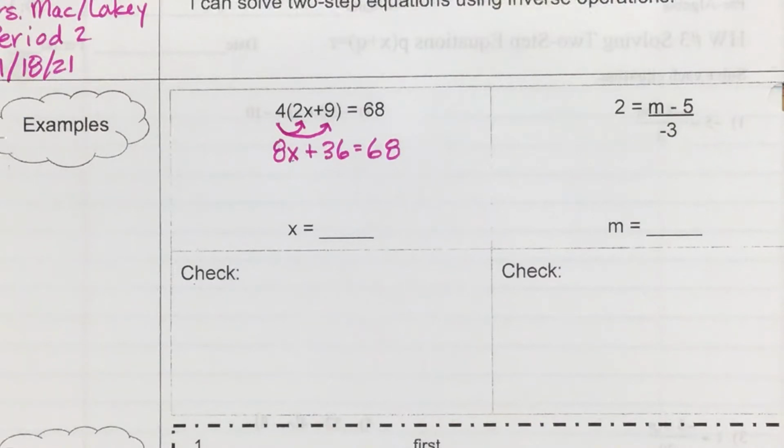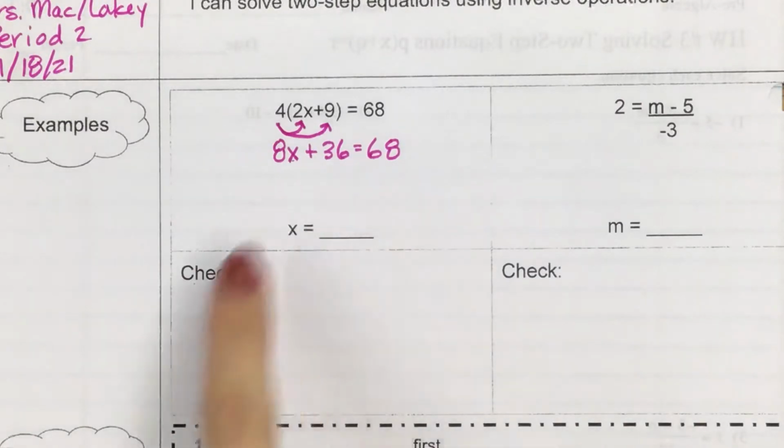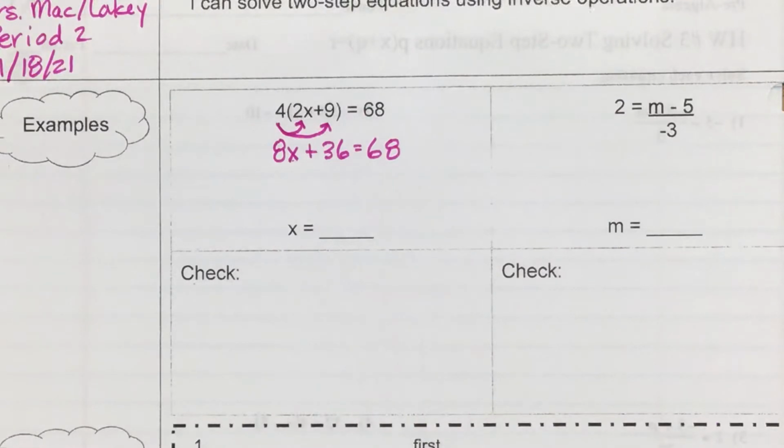So if you like having this little extra step in there, not doing everything in your head immediately, go for it. So this will be 8x plus 36, which is the same thing we have here, but I just did a lot of that in my head. And if you want to write it down with this extra step and then do all the operations, that's totally fine, okay? You got to know what works best for you.